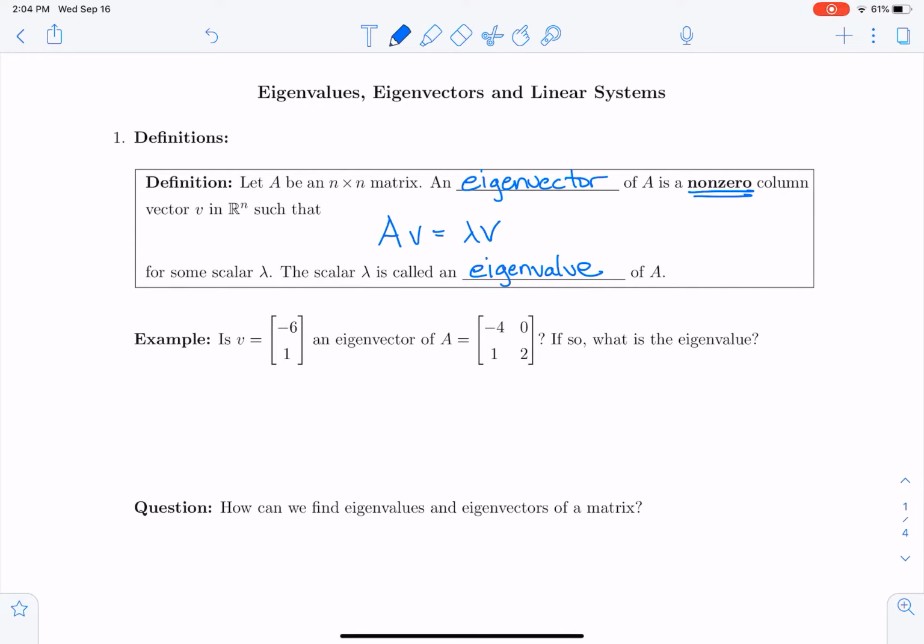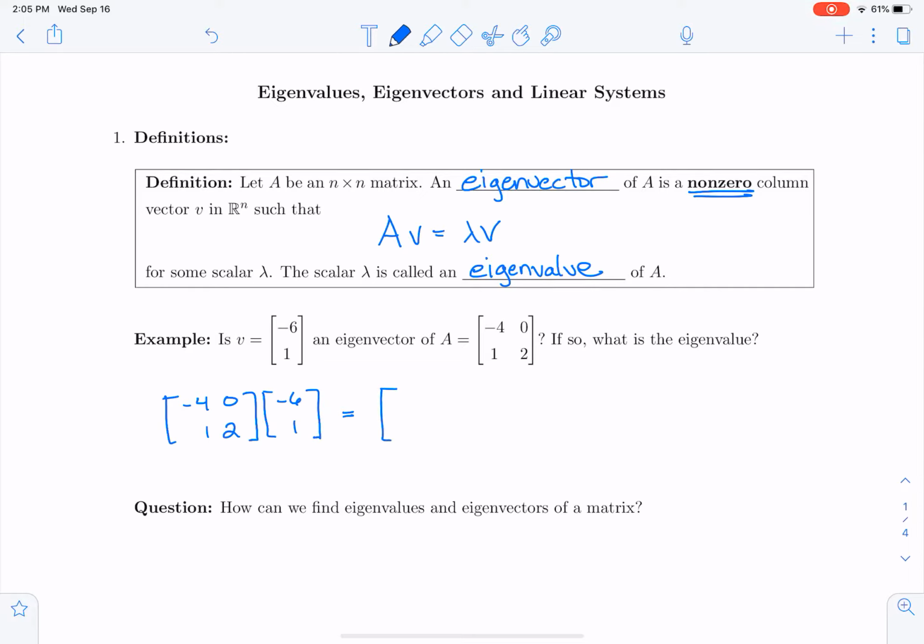Now, my first example is just, I'm going to give you a possible eigenvector, -6, 1, for the matrix -4, 0, 1, 2. And I want to see, is that an eigenvector? And the way I can figure that out is simply just to multiply A times V. So I'm going to take -4, 0, 1, 2, and I'm going to multiply that by the vector -6, 1.